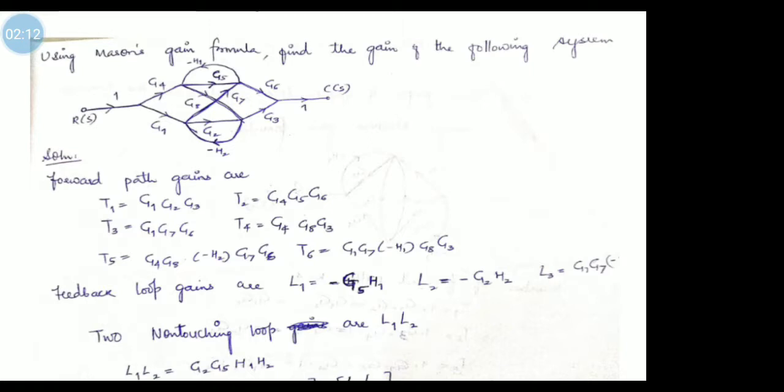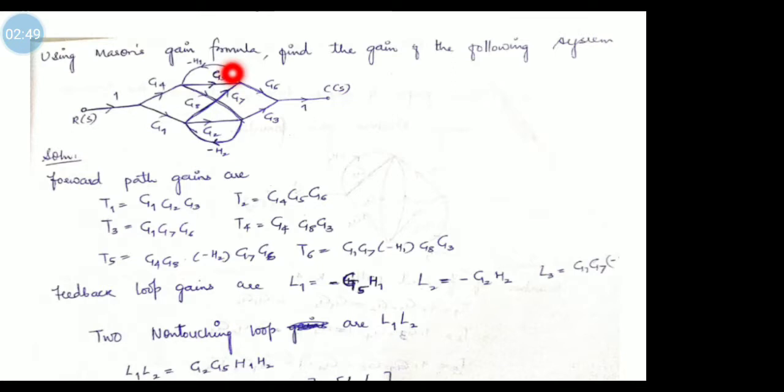Next, T5 is G4, G8, minus H2, G7, G6. Got it?